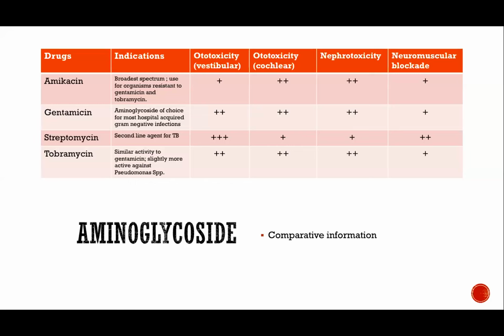We can see that gentamicin, compared to the others, and amikacin, has less risk of ototoxicity compared to streptomycin, for example. However, streptomycin is lower than the others regarding nephrotoxicity as a side effect.